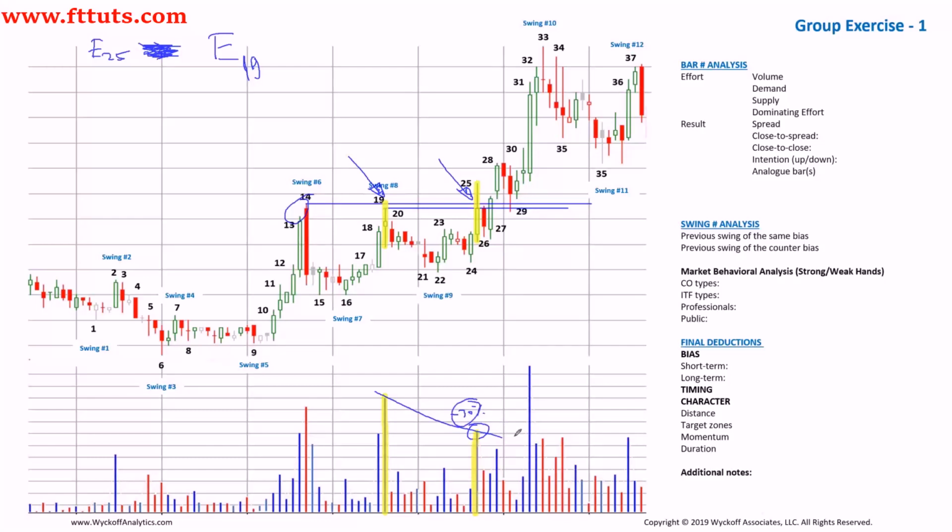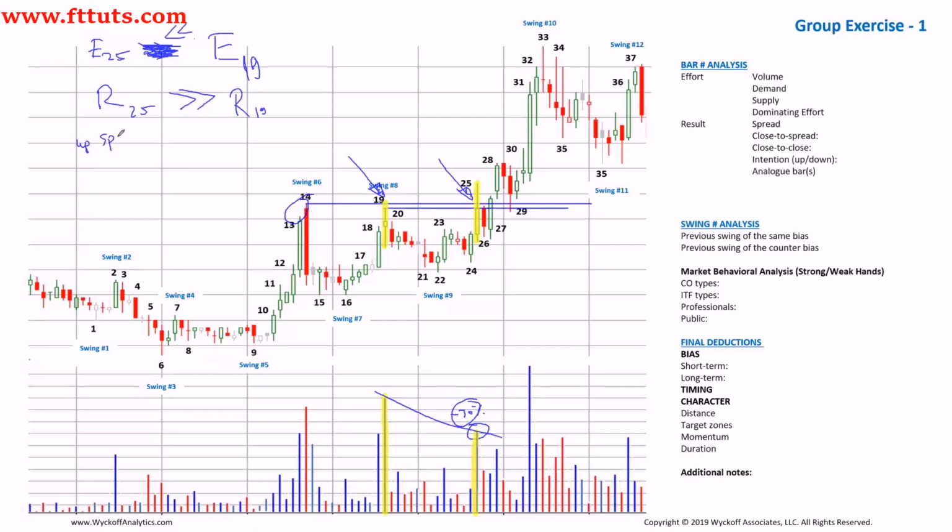So that's probably a considerable drop. So we could say that effort at 25 is lower than effort at 19. And then the result at 25 relative to the result at 19 is much higher spread, much better, right? So let's go through this.